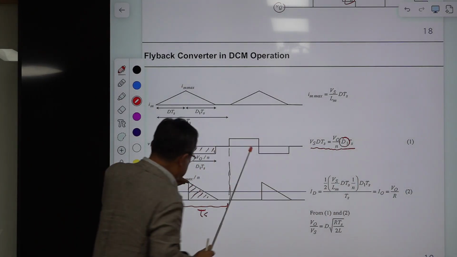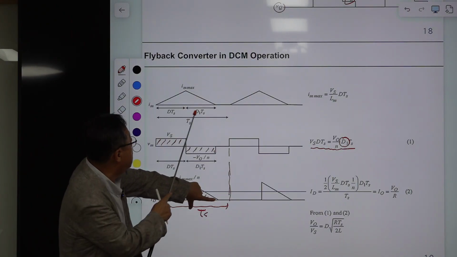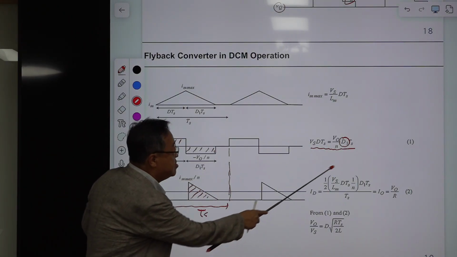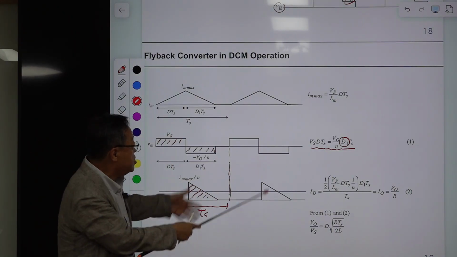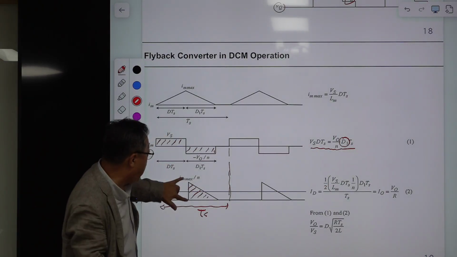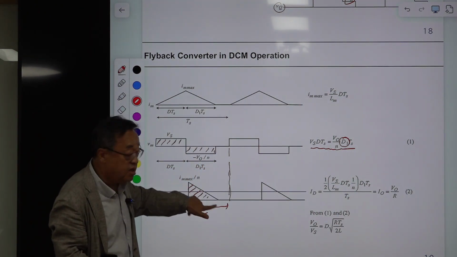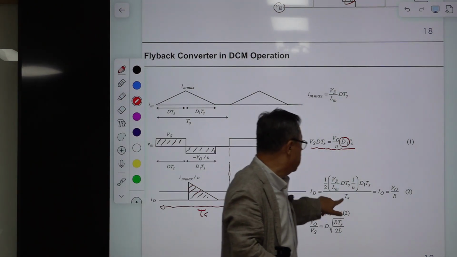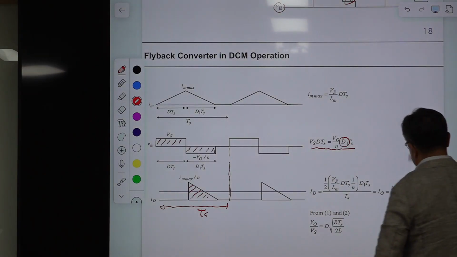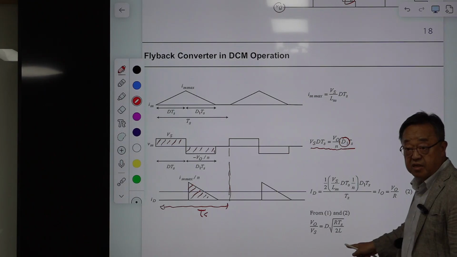This is D1 TS. Then this is the area. This is a triangle, so you have 1/2 here, and this is the height, and this is the base, divided by TS. Then you equate this one, and you get this.